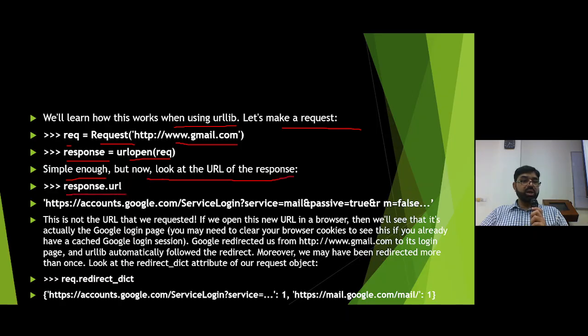So we look at response.url, and you get this long URL, accounts.google.com, blah, blah, blah. This is not the URL that we requested. We just requested gmail.com, and in the response we are getting accounts.something, right? So basically, it was redirected. If we open this new URL in a browser, we will see that it is actually the Google login page.